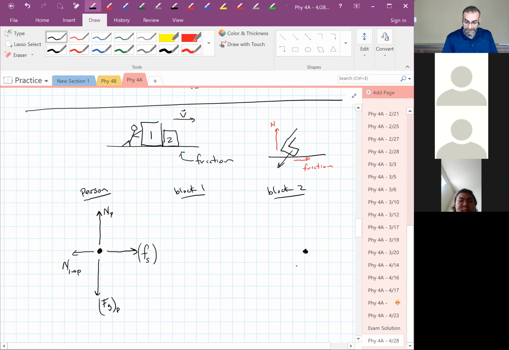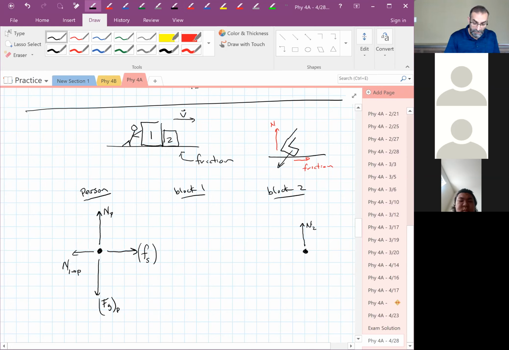What's touching it? The floor, right? So that's a surface that can interact two ways: through a normal force, perpendicular or normal to the surface. Normal force acting on 2.